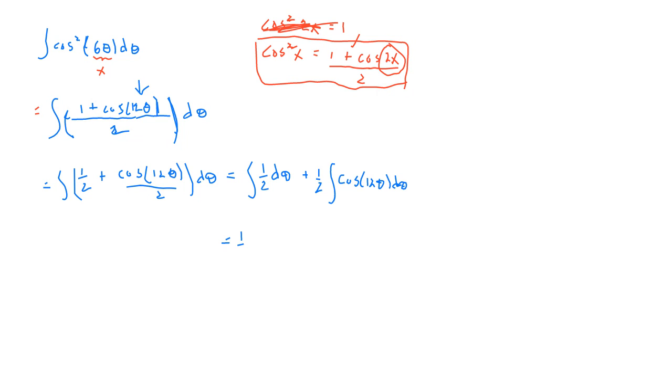So you'd have 1/2 theta, and then you need the antiderivative of the cosine of 12 theta. I can tell you the antiderivative of cosine is sine, so that's just going to be sine of 12 theta all over 12. And then you have a constant of integration.